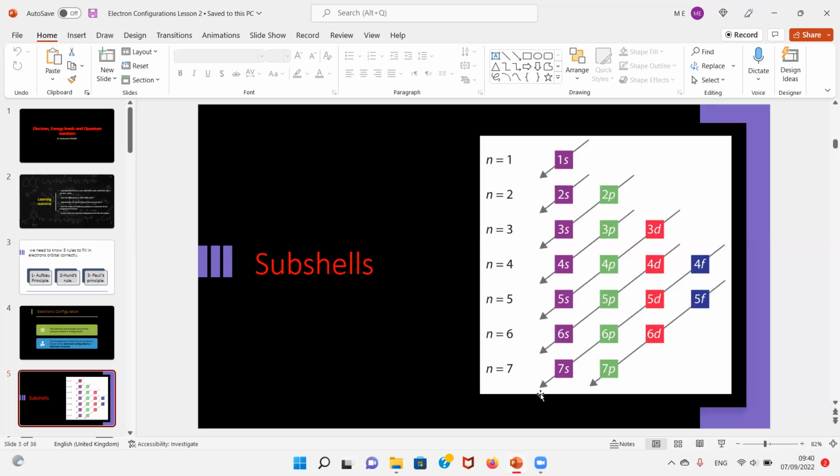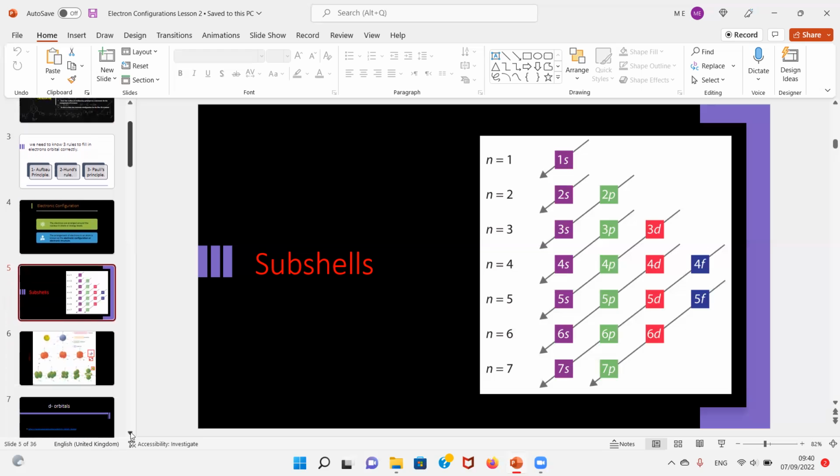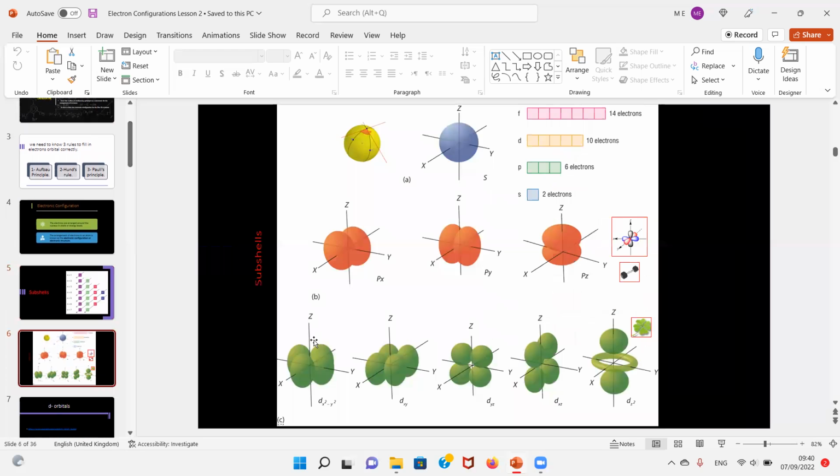As we said, when we look at the shapes of these subshells, we can recognize the orbitals. Here we have the S subshell, and it has a spherical or circular shape.